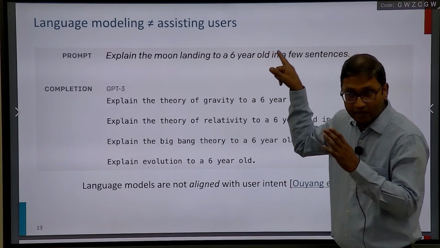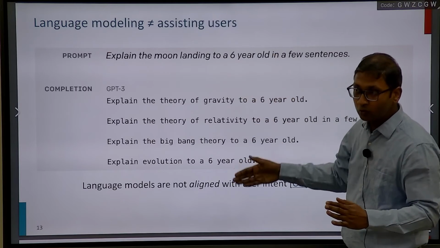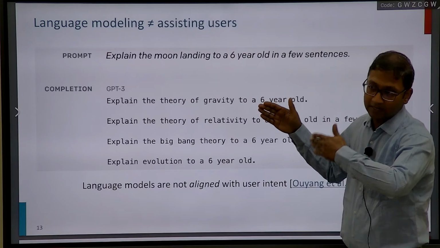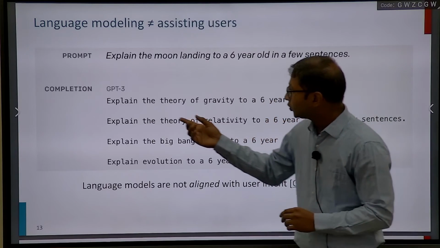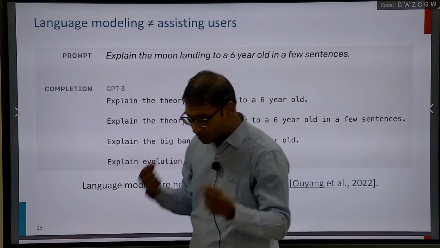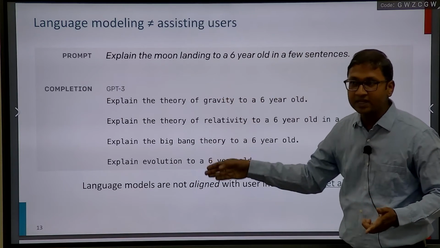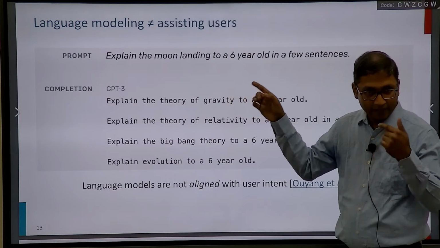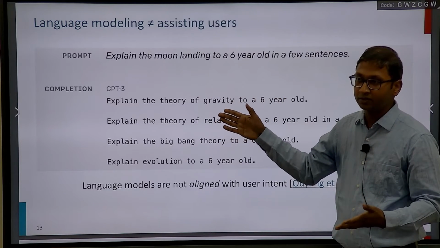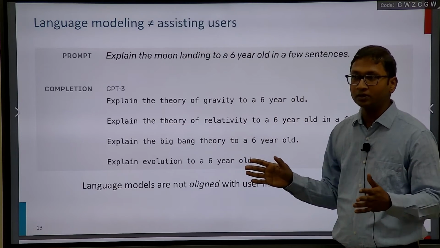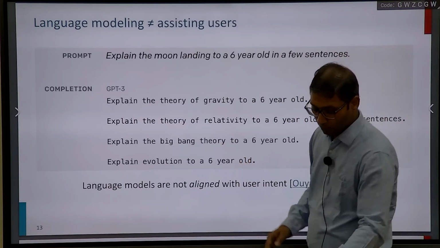A human being asks the question and you are supposed to answer, so you are supposed to predict the next token such that they are answers to this prompt and not this kind of completion. They are language rich, grammatically correct, they make sense, but this is not what the human being was looking for.